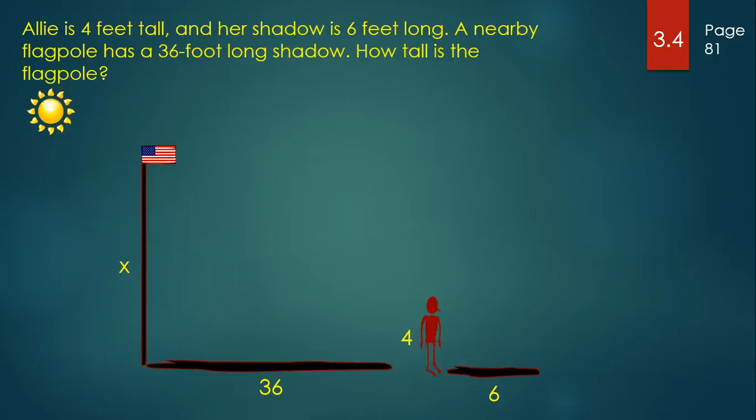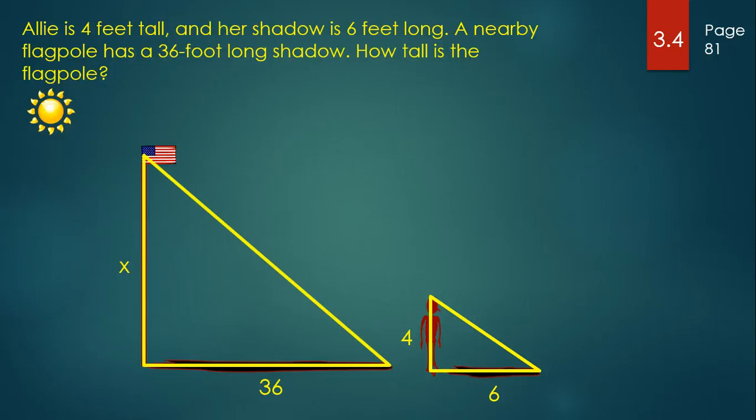Now what's important to know is that the sun is the same sun for both Allie and the flagpole, so the angles created by the sun are exactly the same. So if we think about these triangles that are formed by each of the vertical things, meaning Allie and the flagpole, and the ground, what we've got is two similar triangles. In fact, two similar right triangles.